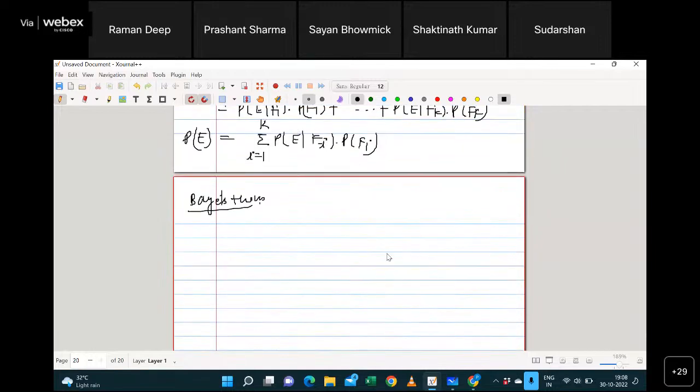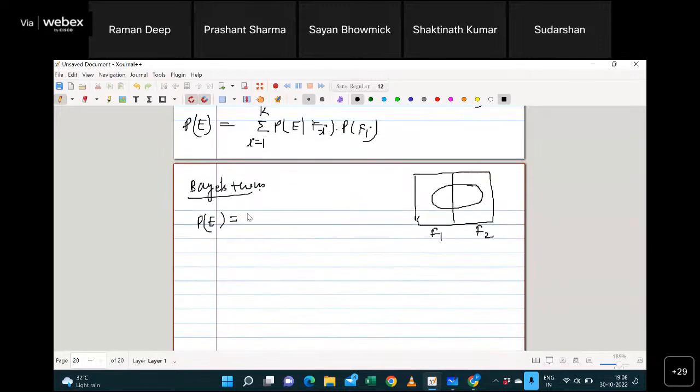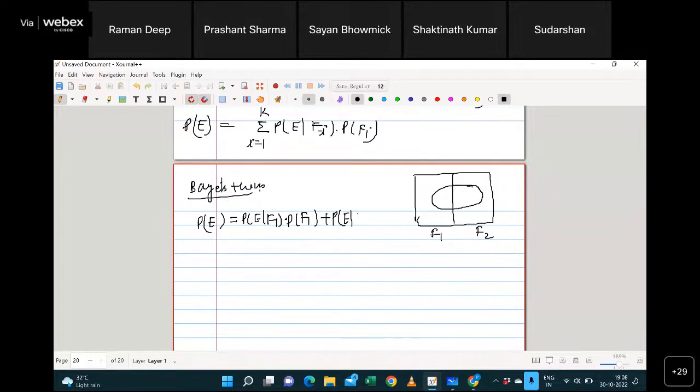Here, when I had F1 and F2 and there was event E, for the law of total probability we were interested in the probability of E. So probability of E given F1 into probability of F1 plus probability of E given F2 into probability of F2. This was the probability of E. So far it's clear.